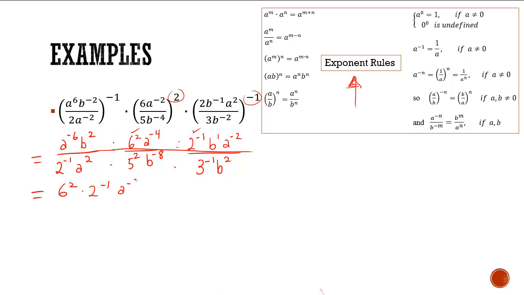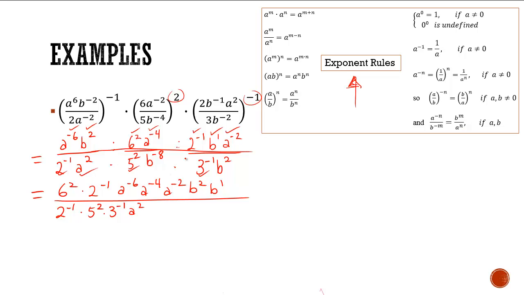Now we have 8 to the -6, a to the -6, and a to the -4, and a to the -2, and then b squared and b to the 1. And then we've got 2 to the -1, 5 to the 2, 3 to the -1, a to the 2, b to the -8, and b to the 2.